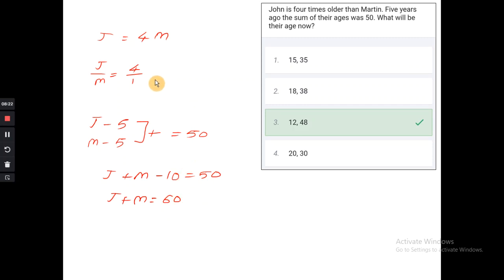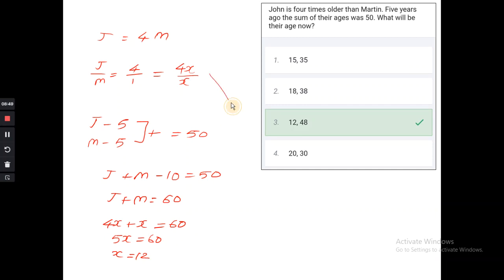Now from the first statement, J by M is 4 is to 1 means 4x by x. Now put this here in this statement. So J is 4x and M is x, and the sum is equal to 60. So 4x plus x as 5x is equal to 60. So x is equal to 12.